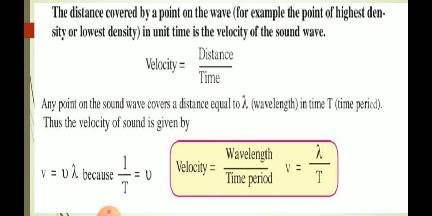So it is frequency into lambda, that is nu multiplied by lambda. And 1 upon t is equal to nu.